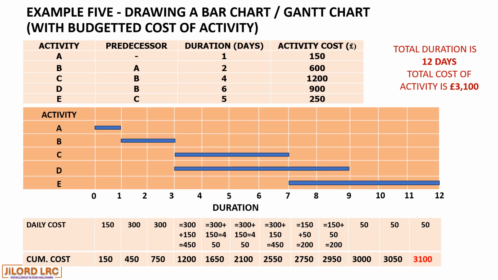Activity E on day 11 is another £50, making a cumulative cost of 3,050. And by the end of day 12, activity E attracted another £50 cost, adding up to the previous day's £3,050, making £3,100.